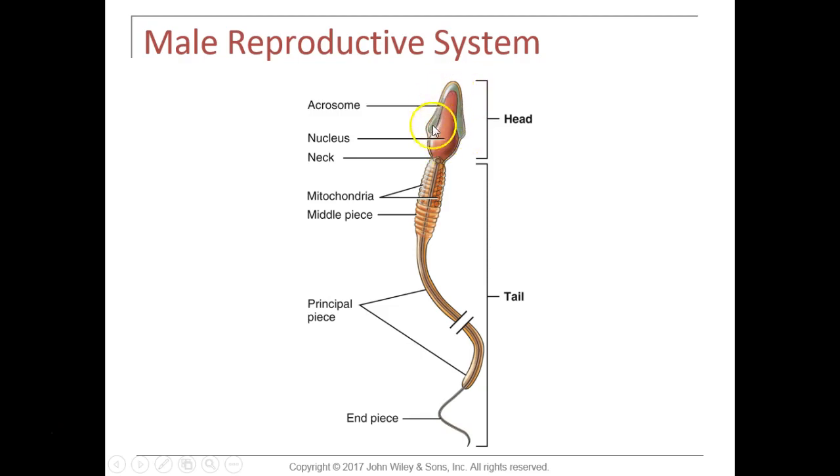The acrosome is the tip of the head of the sperm, which contains enzymes that will allow the sperm cell to bore a hole through the layers of the egg so that the nucleus of the sperm can then unite with the nucleus of the egg cell. There's a neck region and then a midpiece region. The midpiece region is where all those mitochondria are located, and then the flagellum, or what we call the tail, which allows for the sperm to swim.